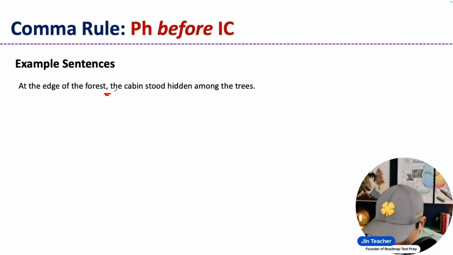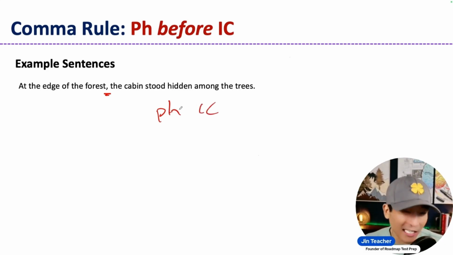Now, in the real world, you might sometimes see no comma to separate the phrase from the independent clause. There's not an exact hard and set rule, but sometimes when you have fewer than 4 words, you don't have to put a comma to separate the phrase from the independent clause.